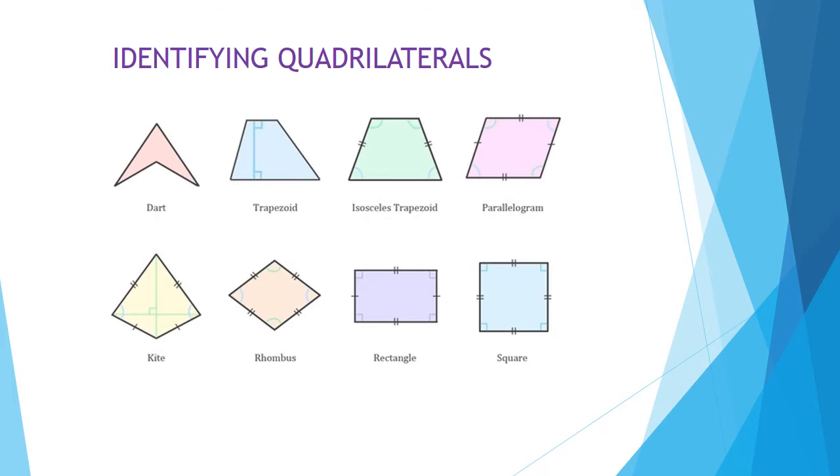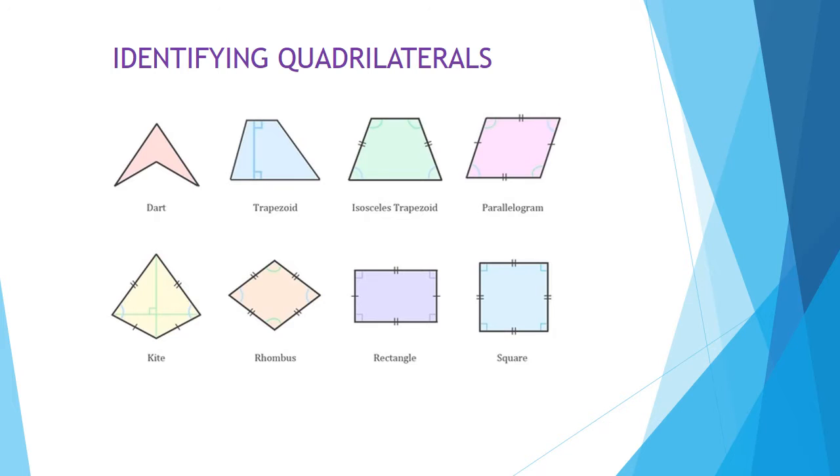Then when you come to the kite, the kite is also such that two sides are equal. So you could see that we have marked them by two dashes. So all the sides having the two dashes are actually equal in length, and the ones with the single dash are also equal. So that's one way to identify a kite. Remember, it's a quadrilateral, so it would have four sides.